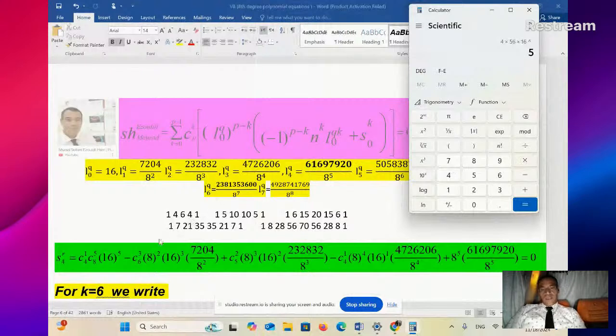Then minus combination 6 choose 3. This is 1, this is 2, this is 3, minus 20. Minus 20 times 16 cubed, times 16 raised to the power 3. Then times 7,200.